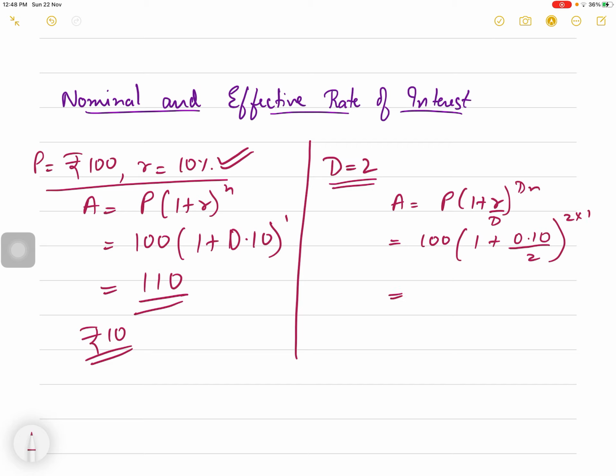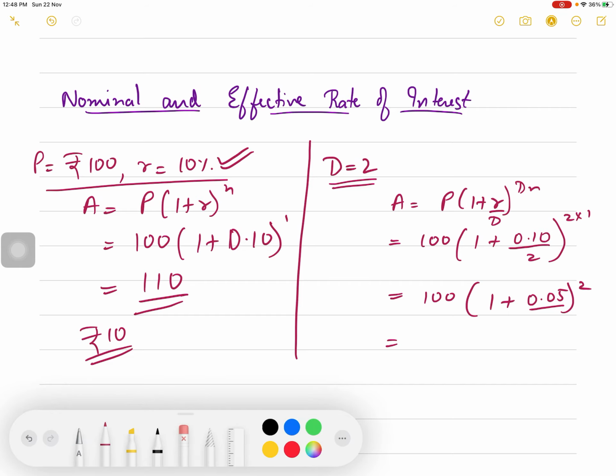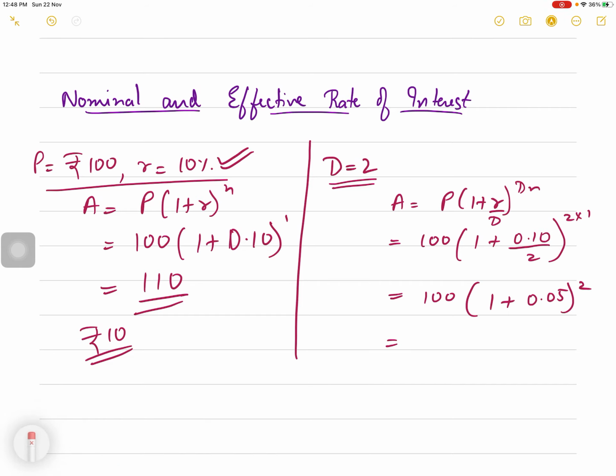So at the end of first year, if interest is compounded twice, that is, compounded half yearly, how much is the earning? So in that case, it would be 1.05 raised to 2, which comes to 110.25.